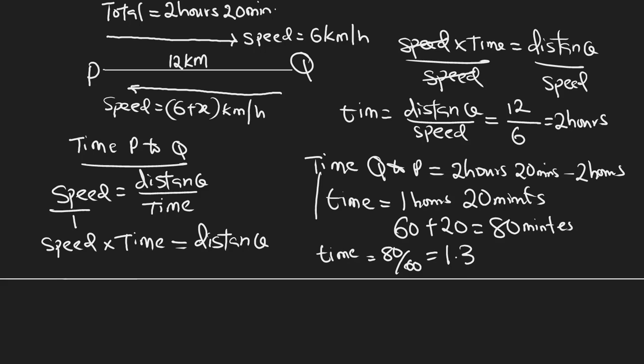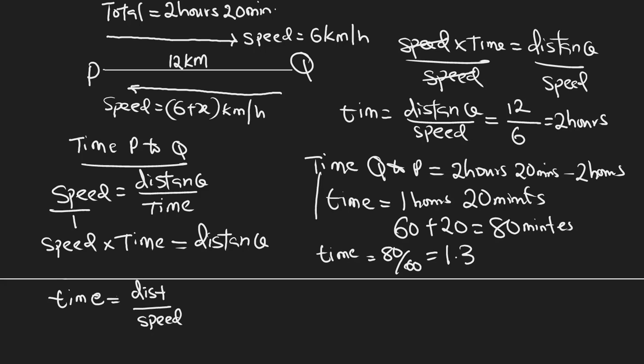So we still are going to use this formula that we used here, time is equal to distance over speed. So we say time is equal to distance over speed. Write it in short. So in this case, what is our time?